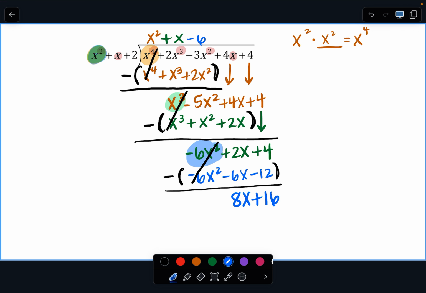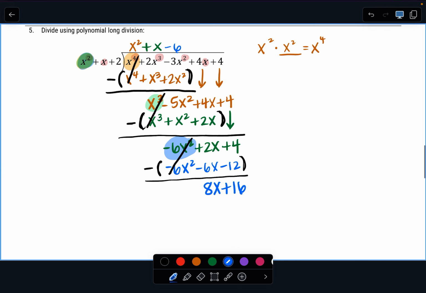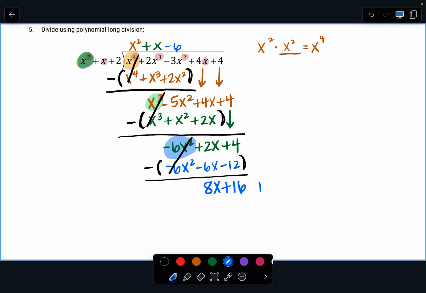Can I multiply anything by x squared to make 8x? No. If you get to a point where you cannot do anything else, like the exponent of the divisor is bigger than the exponent of where you're at, you can't do anything. So that means that 8x plus 16 is going to be my remainder.